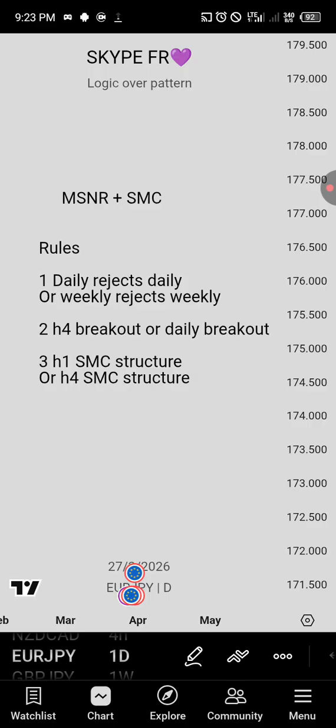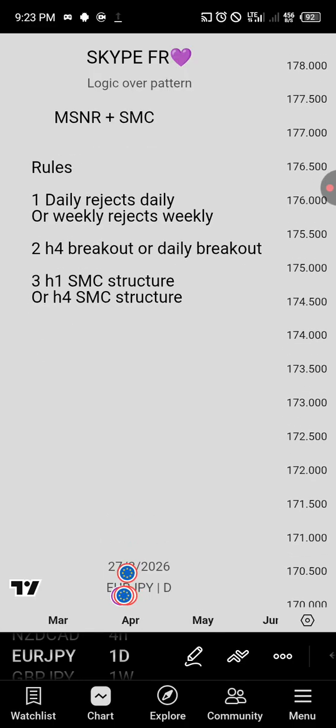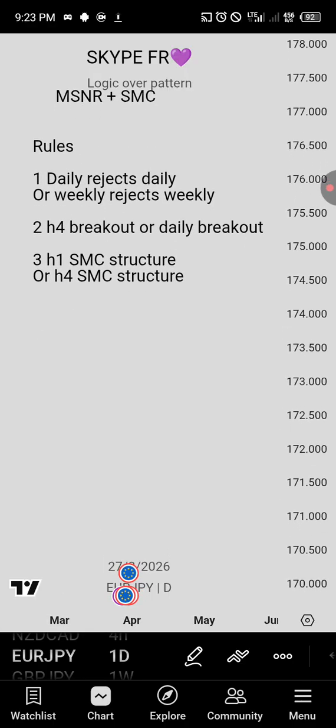This structure needs to be clear, and it needs to produce a clear order block or breaker block. These are the only entry levels I use. So I'll just run you through rejections and breakouts, and the SMC structure.